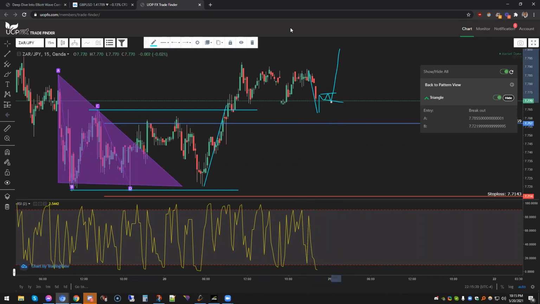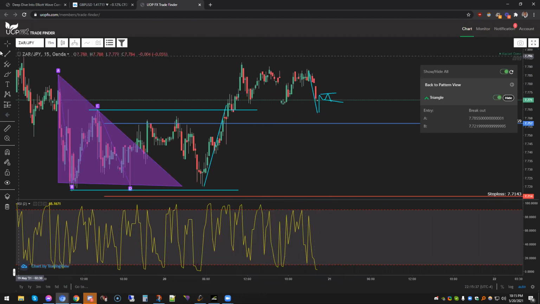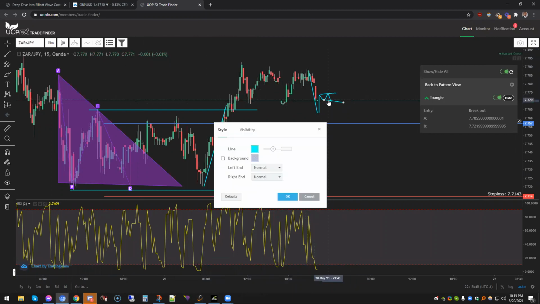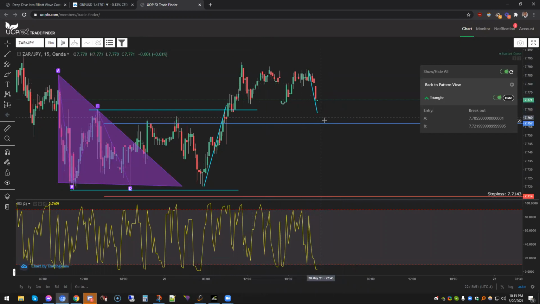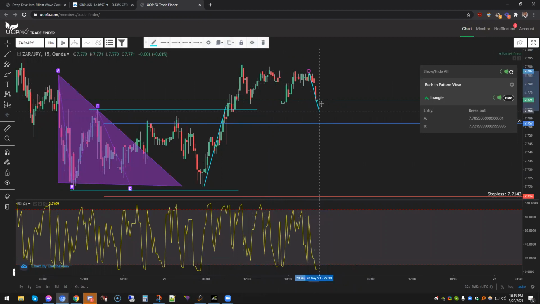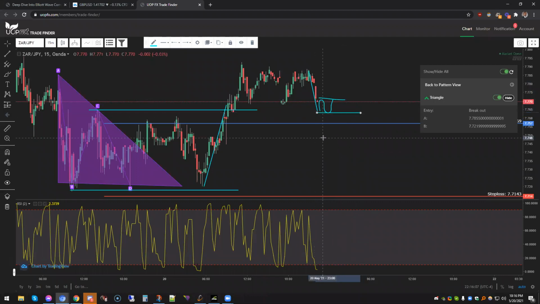Once it gives me this type of correction, I know I'm going to take it back to the upside. Okay. But if it does not give me that type of correction, let me try to erase some of this. All right, so if it does not give me that, and it comes here and bounces up like this, comes back and retests, giving me this type of formation, then what do you think I'm going to do?